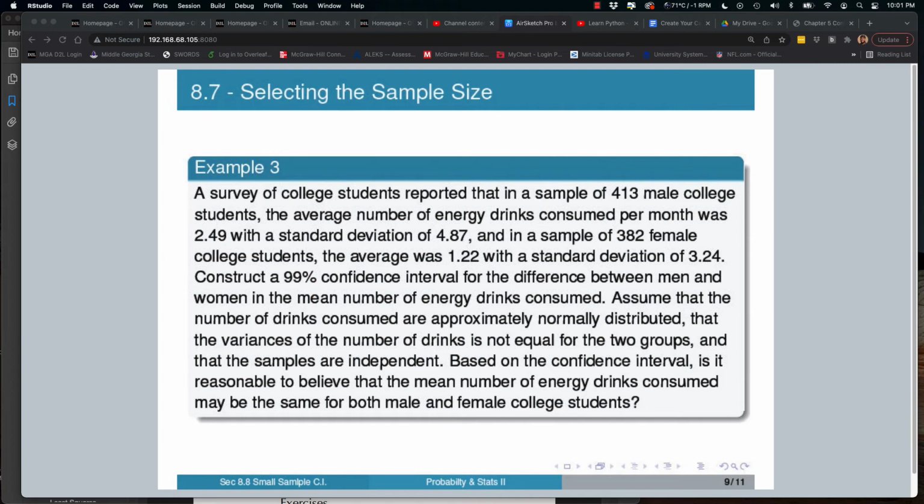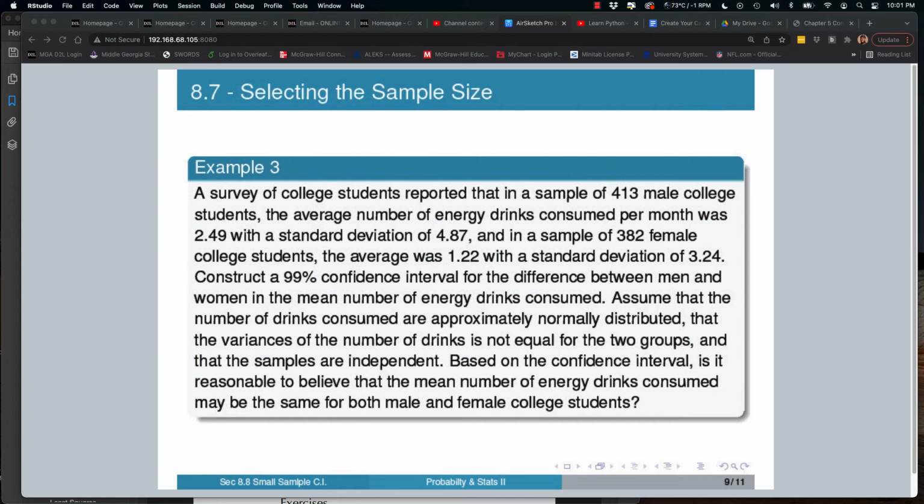So here we say a survey of college students reported that in a sample of 413 male college students, the average number of energy drinks consumed per month was 2.49 with a standard deviation of 4.87. And in a sample of 382 female college students, the average was 1.22 with a standard deviation of 3.24.